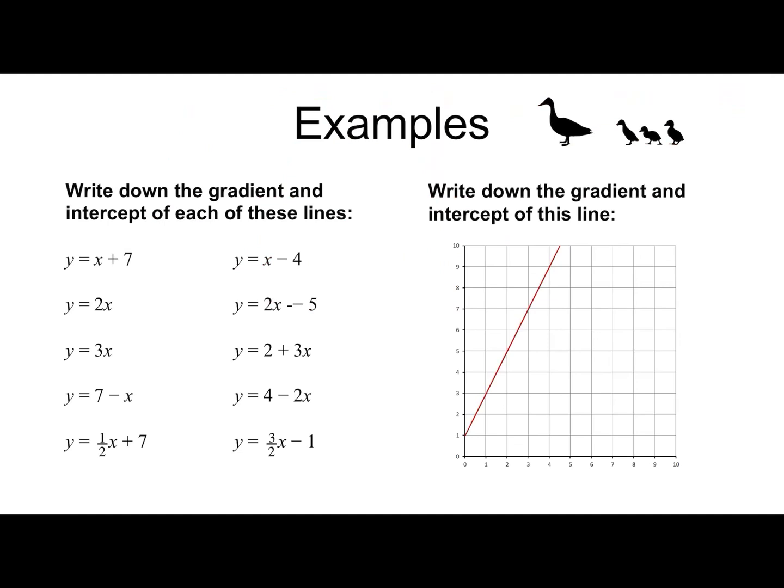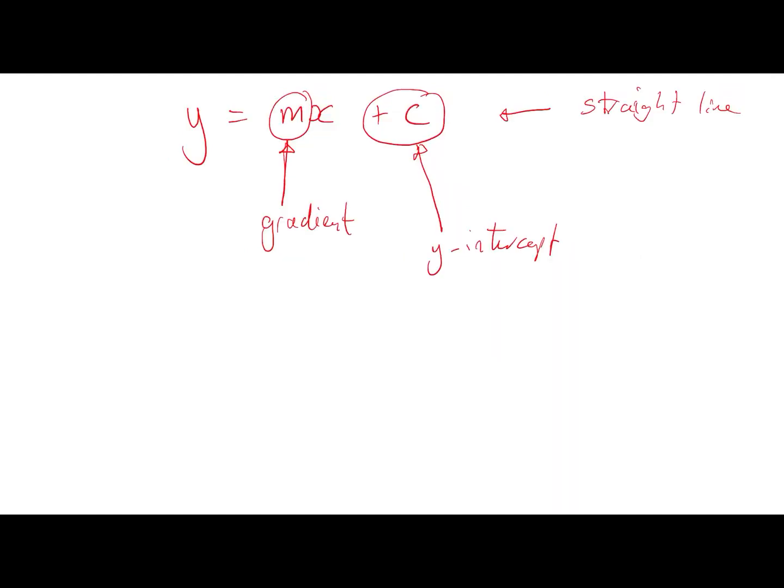So what we can do is work forwards and backwards. For example, if I'm given an equation y equals 2x plus 3, then I know for sure that the gradient is equal to 2 and the y-intercept is 0, 3. Remember, on the y-intercept, the x value is always 0.